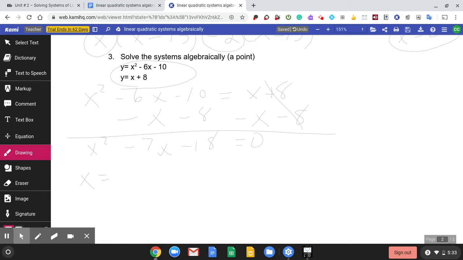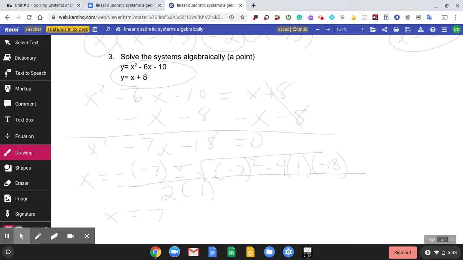Well, b is negative 7, so it's negative negative 7 plus or minus the square root of b squared, minus 4 times a, which is 1, times c, which is negative 18, all over 2 times a, which is 1. Plug all this in my calculator.